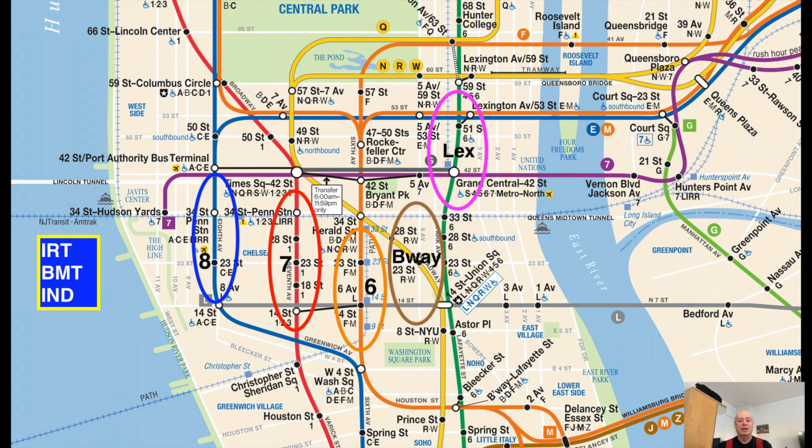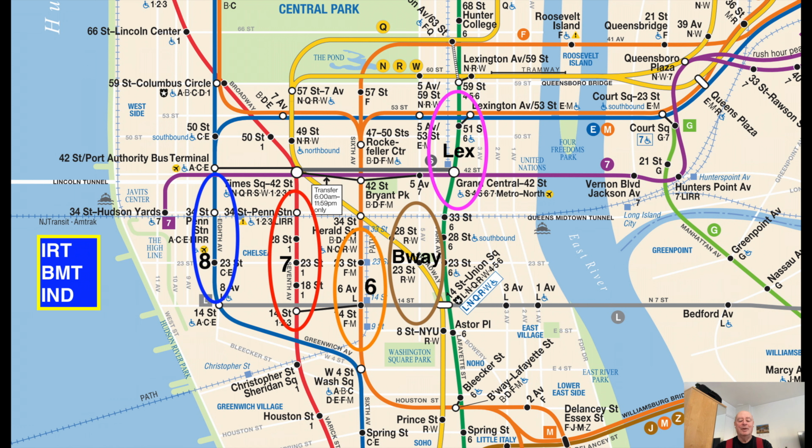It's called OMNY, O-M-N-Y, One Metropolitan New York. It's explained in Google, as is the MetroCard. Please understand what you're getting into. Trying to use cash only to get into the subway or onto a bus is going to cause you no end of grief. However, there is a way to change cash into these various tickets.